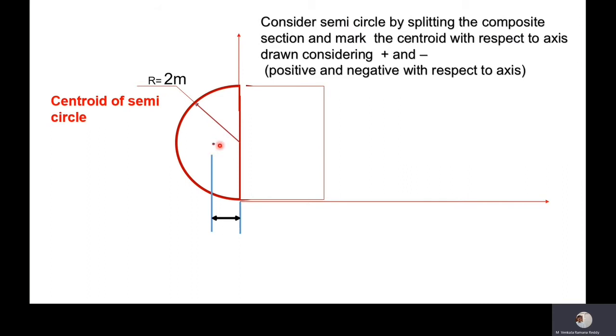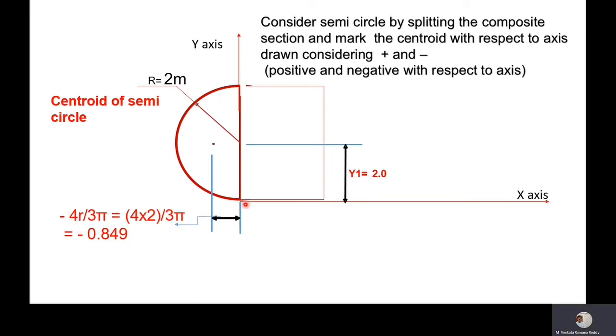Here, this is the centroid point for the semicircle. x1 value is 4r by 3 pi and y1 value is r, which is equal to 2 meters.